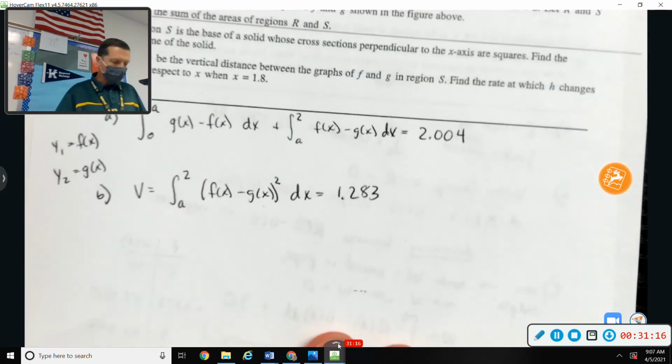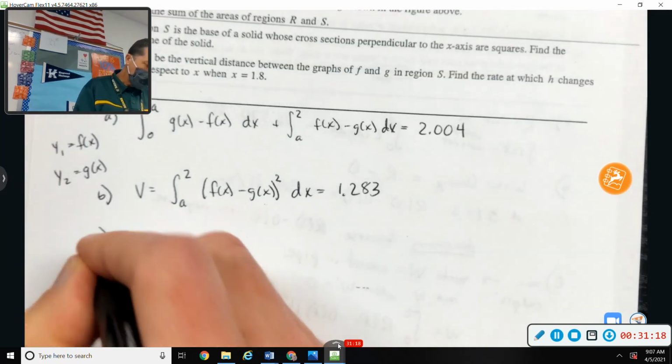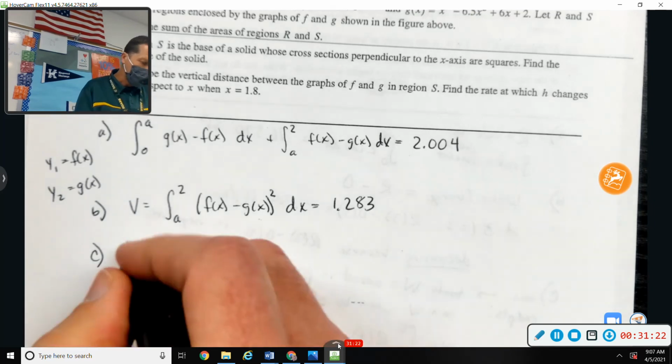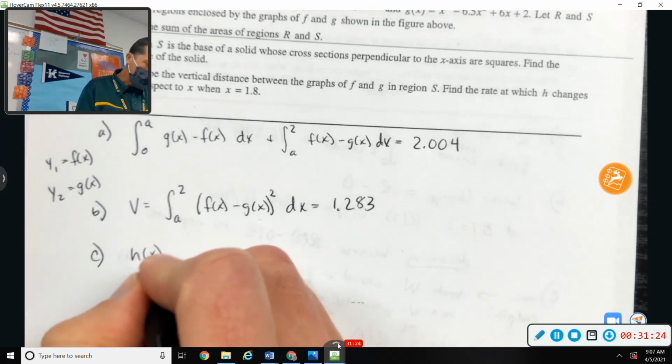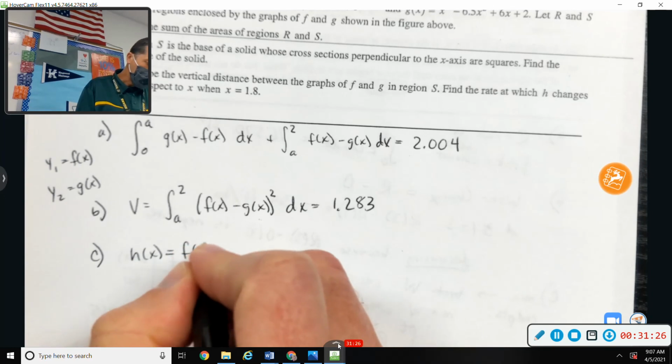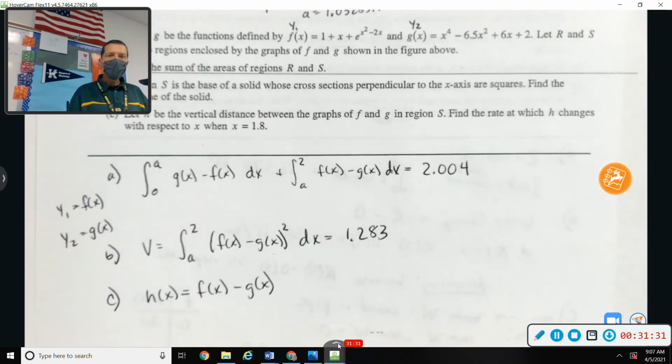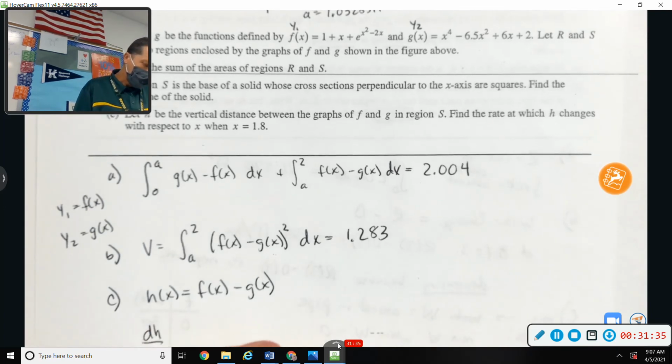All right, part C. Let H be the vertical distance between F and G in region S. So F's the top one, so F of x minus G of x. Find the rate at which H changes with respect to x. So that means find dH dx.